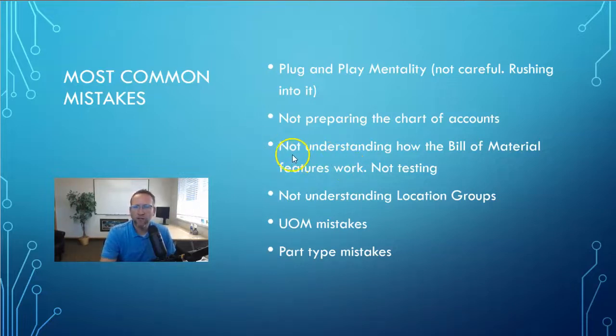The next one, not understanding how the bill of material features work, not testing the bill of materials, right? So there's some automated settings in the bill of material that I want to look at with you. You know, when's the time to use a step? When's the time to use a bill of material?